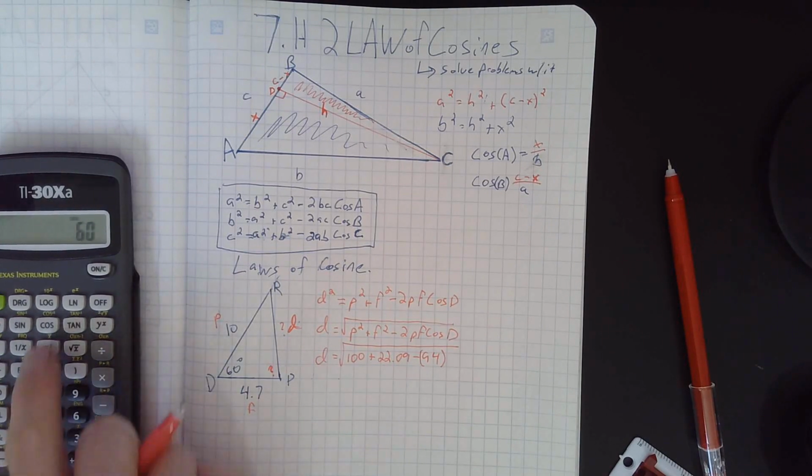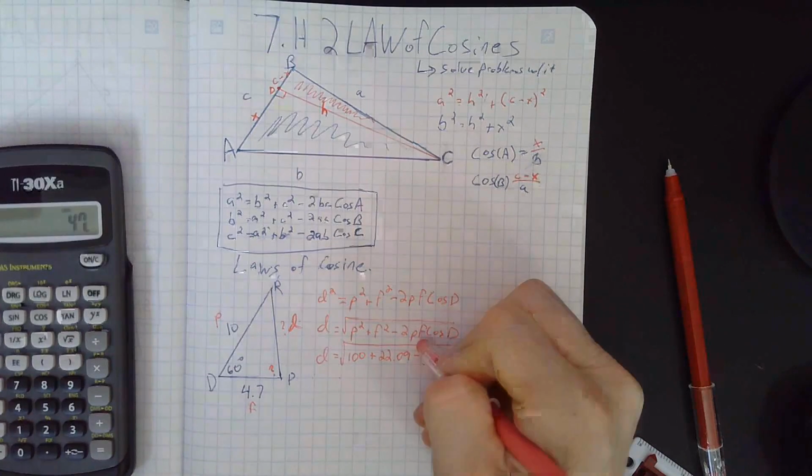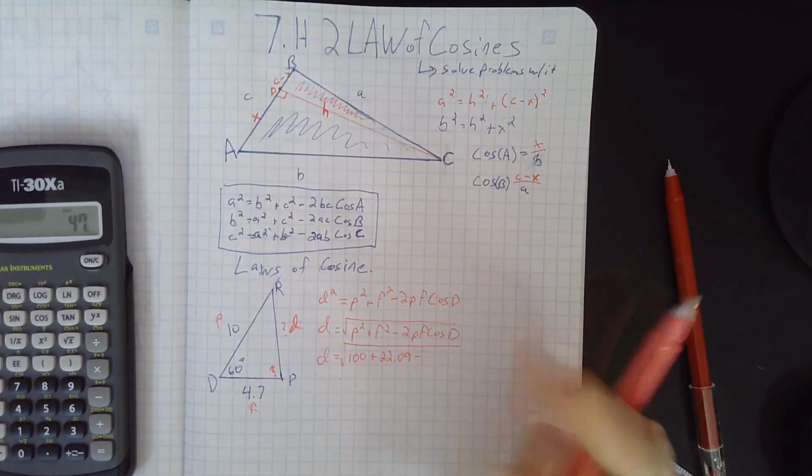Cosine of 60 equals 0.5, so 94 times 0.5 is 47. Minus 47.